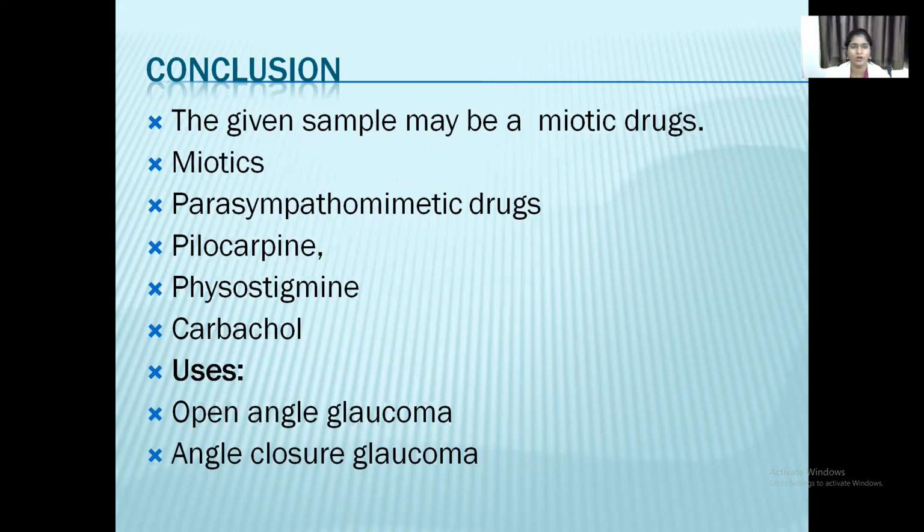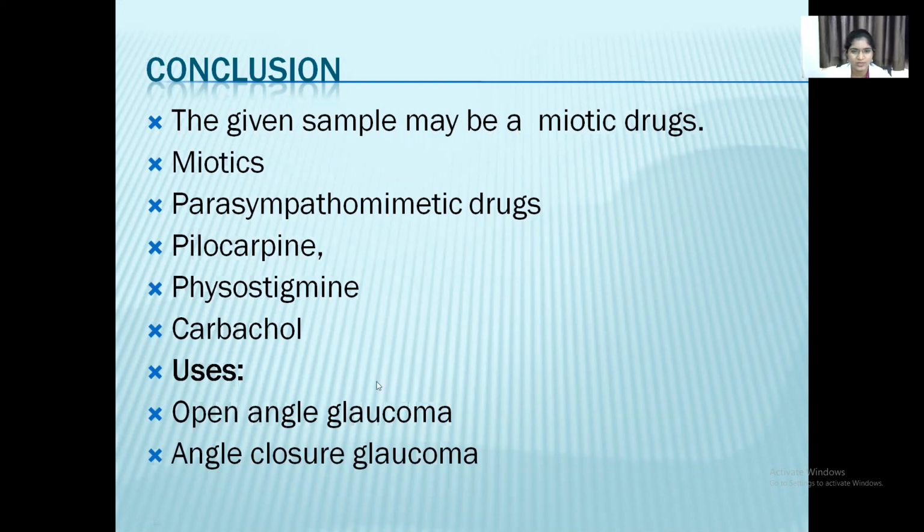These drugs act on M3 receptors present in the circular muscle, ciliary muscle, and the iris of the eye. The iris contains circular muscles, ciliary muscle, and dilator pupillae. So these drugs act on the circular muscle. It contracts the sphincter pupillae. It constricts the pupil, so it decreases the pupil size.